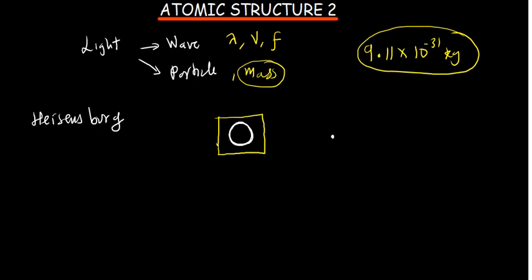So if I push this ball just a bit, very small, I'll not necessarily know its speed. That's why Heisenberg's uncertainty principle says there is a fundamental limitation to just how precisely you can know both the momentum and the position of a particle.